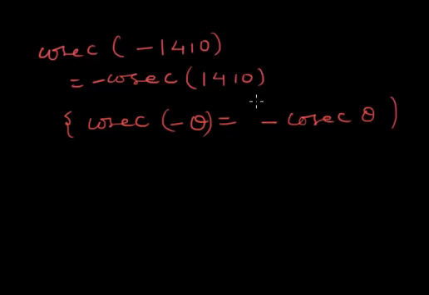We are making the term inside a positive value. Now we have another value to solve, and that is cosec of 1410. Now we have to look for a value which is very close to this.